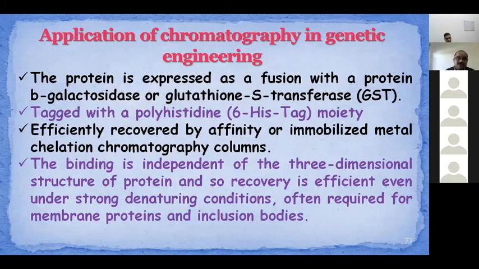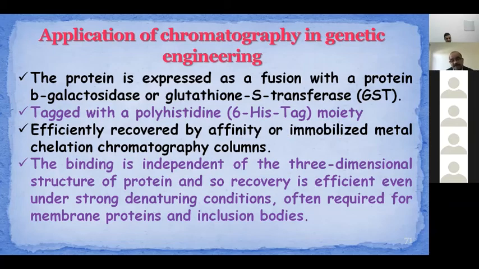Another method is that the gene of interest is tagged with a sequence which expresses a polyhistidine sequence. Because of these two types of expression systems, the protein can be efficiently recovered by affinity chromatography with glutathione S transferase, or by immobilized metal chelation chromatography.